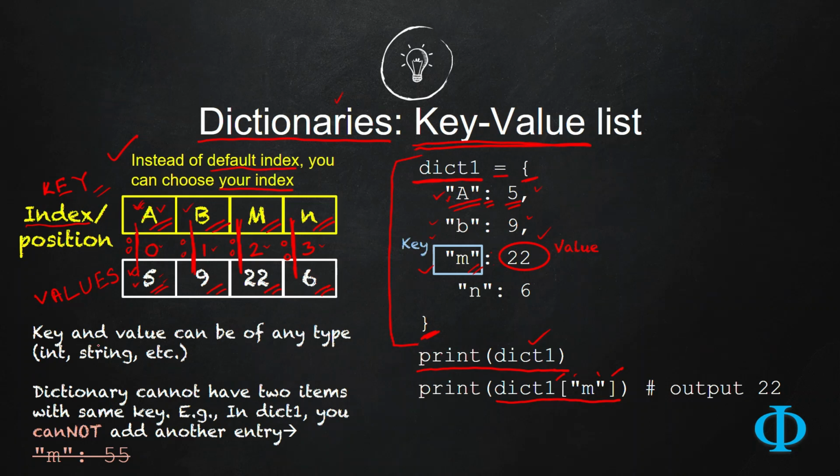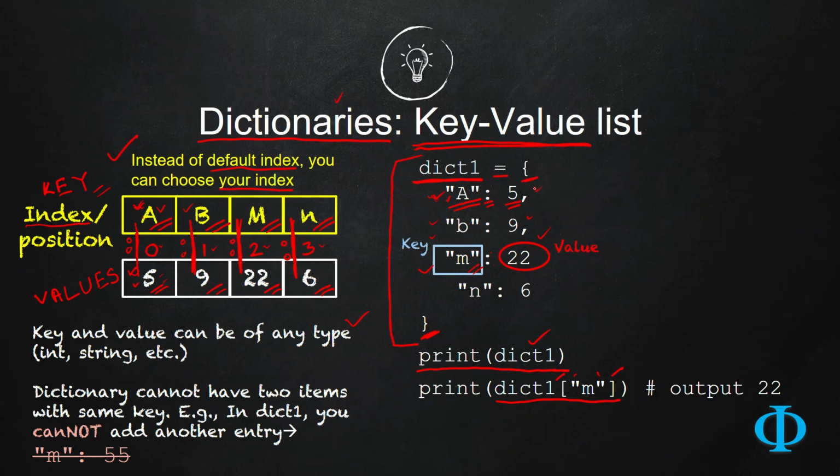Now, these key and value can be of any type. Here in my example, I have used the keys as strings, single character strings, but they can be of any type: a string, an integer, a floating point number, or any different data type.